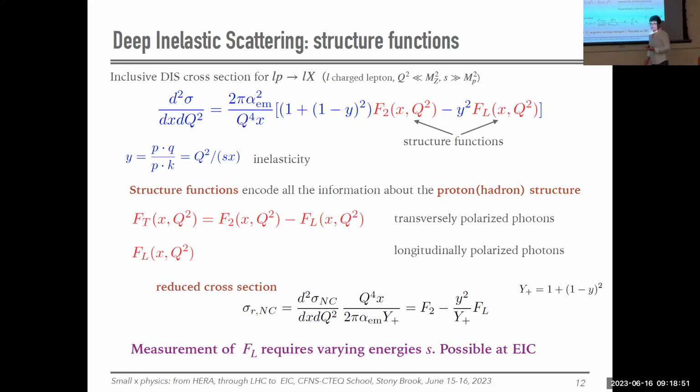So if you fix x and Q squared, you actually need to have different energies, right? Then you can plot this function as a function of this variable, for fixed x and Q squared, and extract the intercept that would give you F2 and the slope would give you FL.